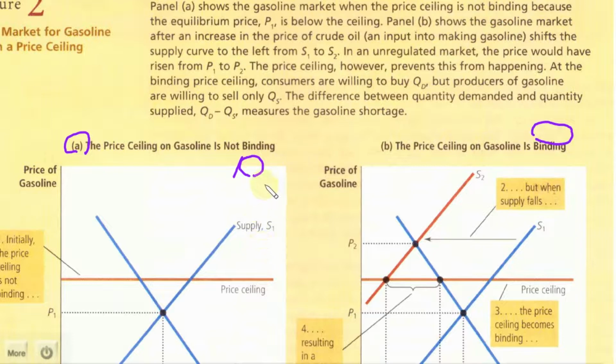There's no price ceiling. I'm sorry, the price ceiling exists, but the price ceiling is not binding, because the equilibrium price is below the ceiling. Okay, not binding here.